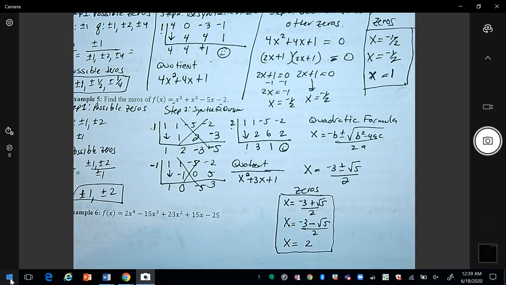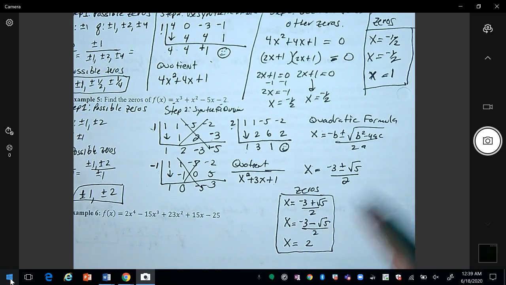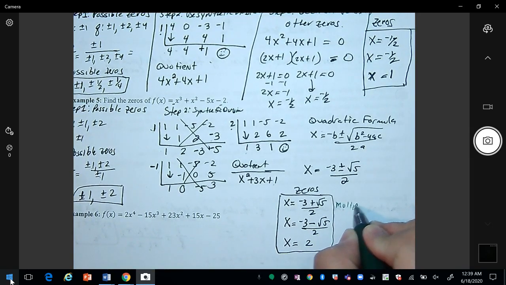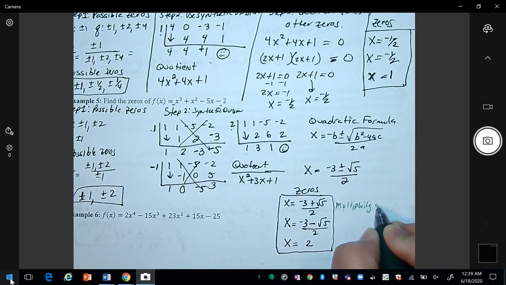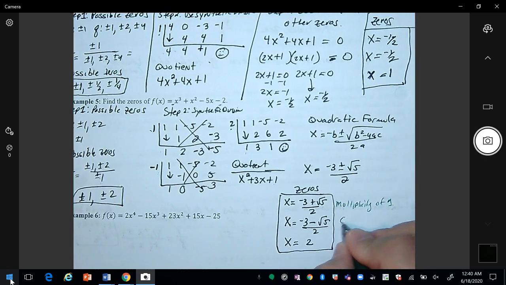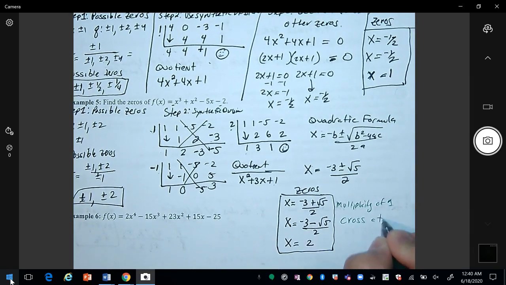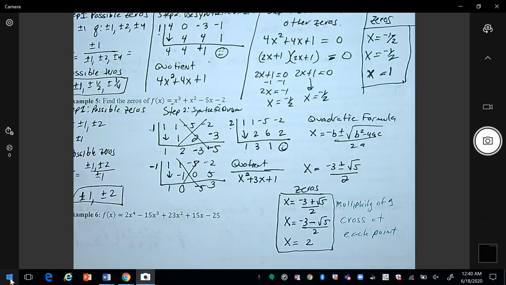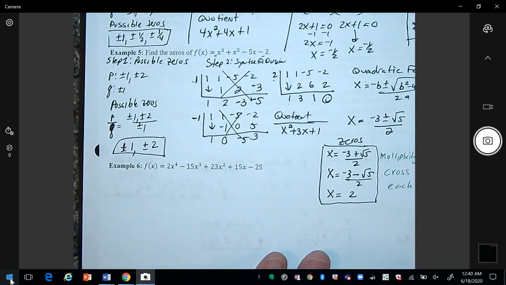As a review, remember these all have multiplicity of 1, since they only appear one time, so the graph is going to cross at each point. Okay, so let's look at example 6.